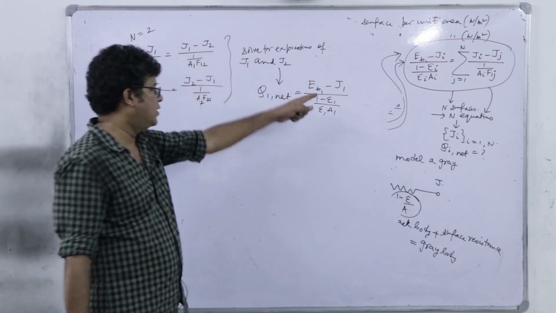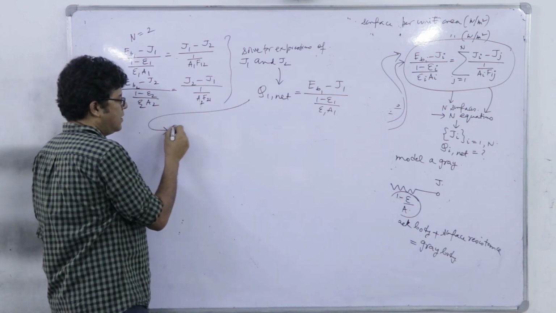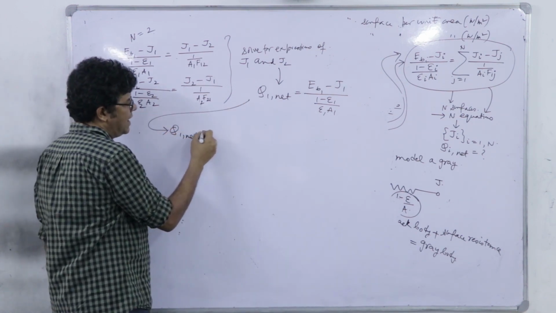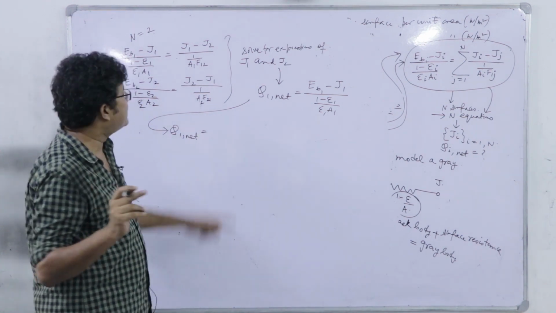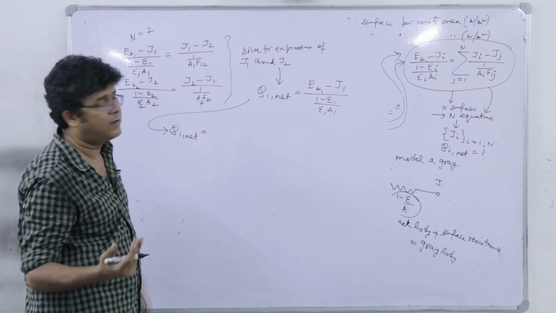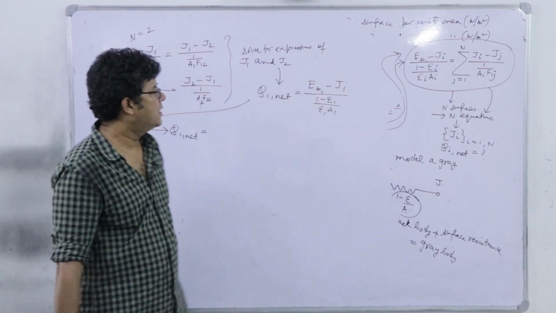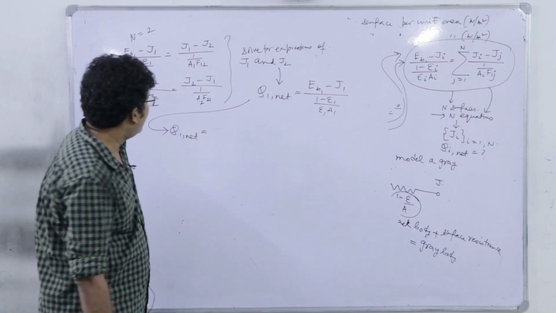So, if you substitute this J1 value, what will you get? I am simply not doing this algebra. You can practice that: solve for J1 and J2 and substitute the J1 expression here in this Q1 net. So, what will you get?